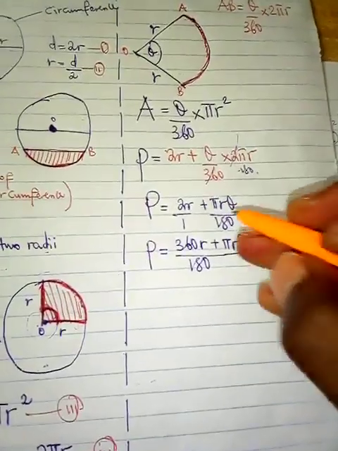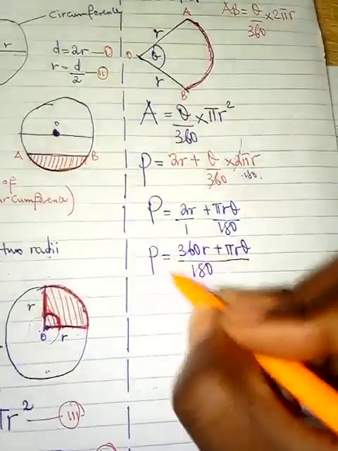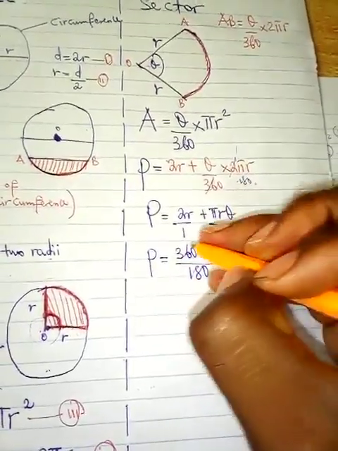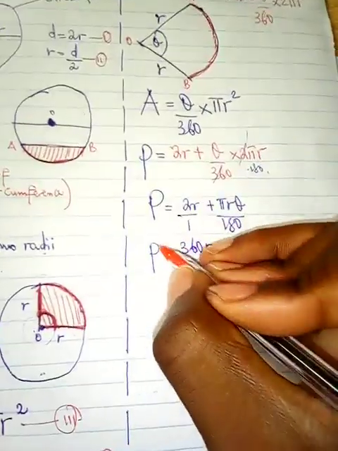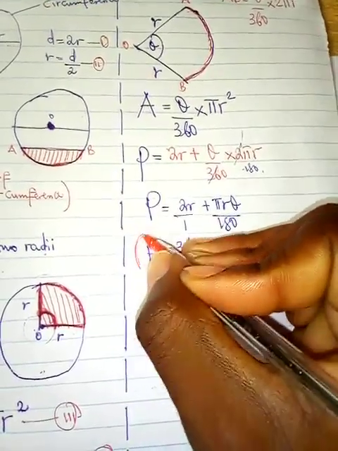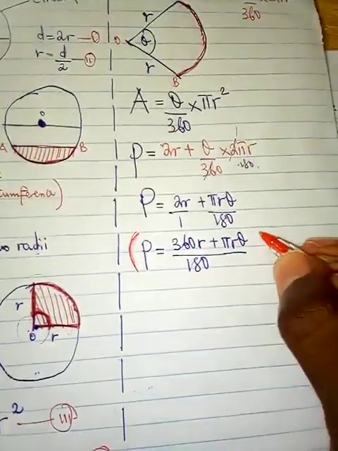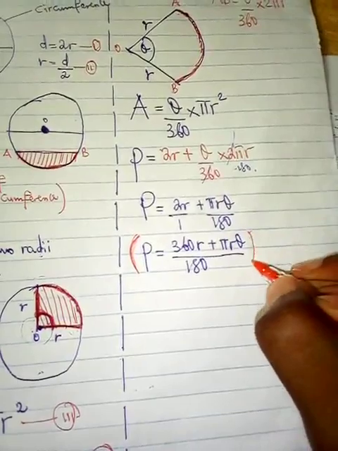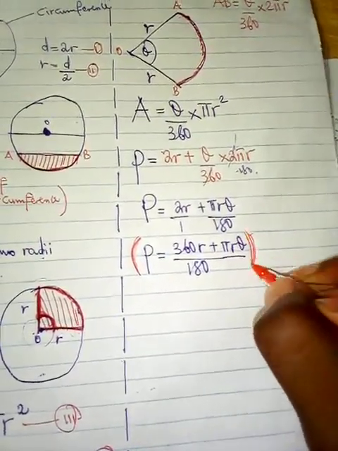So this is your evaluated formula for the perimeter of a sector. You can choose to use this: 360r plus pi r theta, over 180.